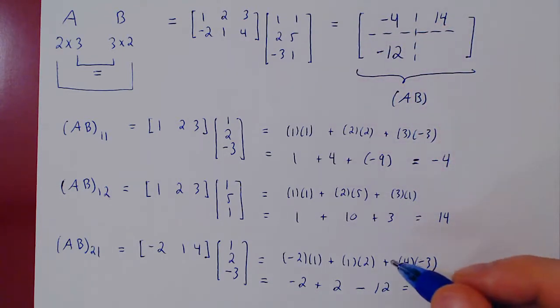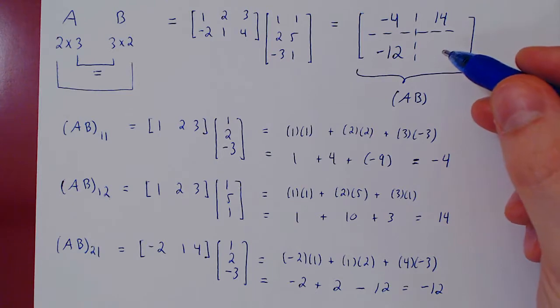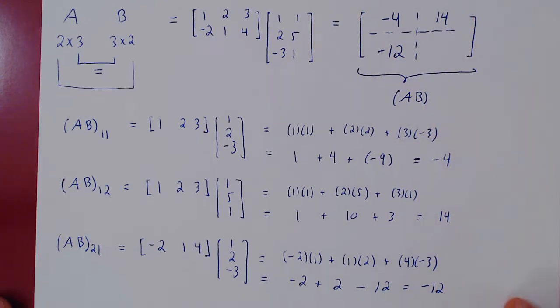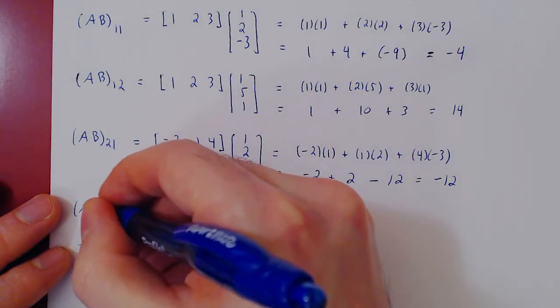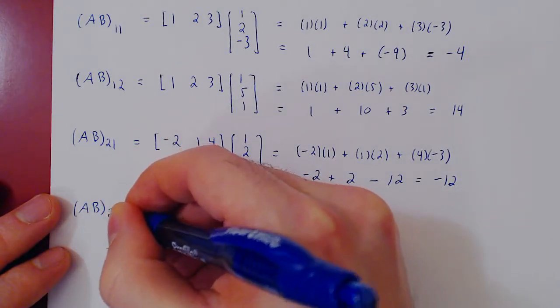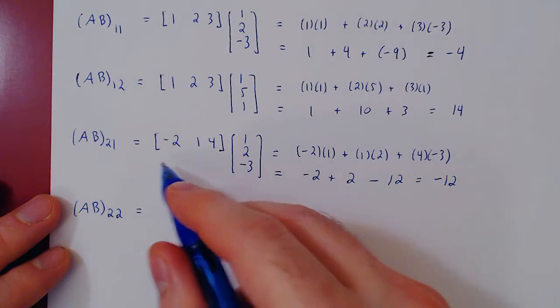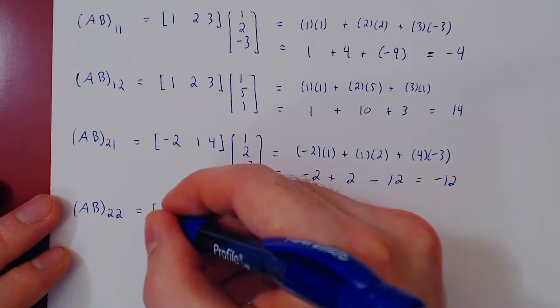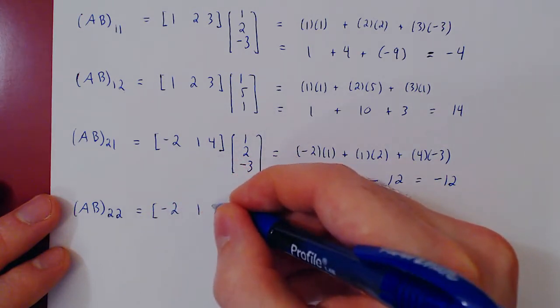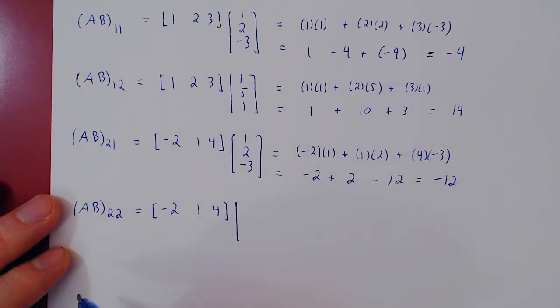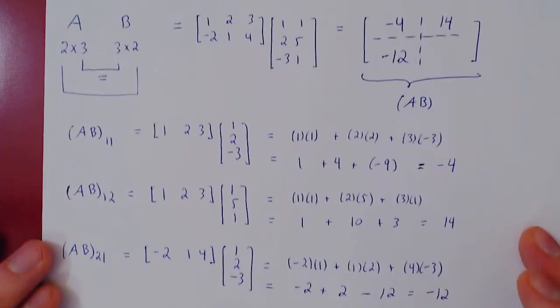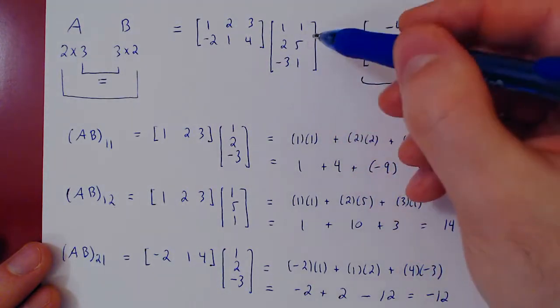And finally, let's compute AB 2, 2, second row, second column. Well, the second row of A, we already have it. Negative 2, 1, 4, times now the second column of B. Well, if you look up, this is matrix B. Its second column is 1, 5, 1.